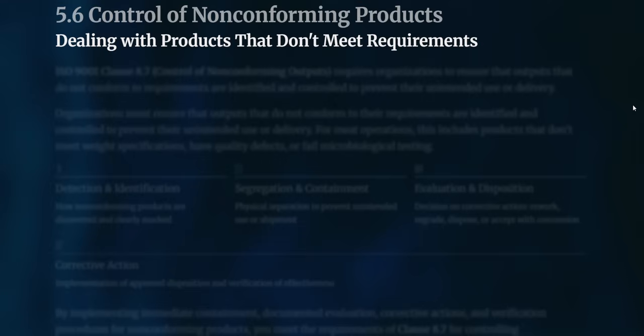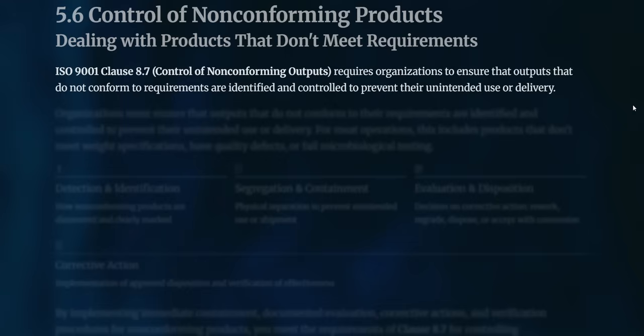5.6, control of non-conforming products. In control of non-conforming products, dealing with products that don't meet requirements, ISO 9001 Clause 8.7 control of non-conforming outputs requires organizations to ensure that outputs that do not conform to the requirements are identified and controlled to prevent their unintended use or delivery.